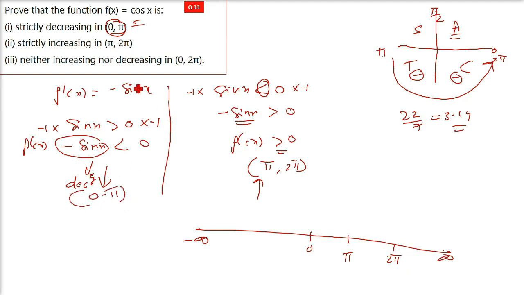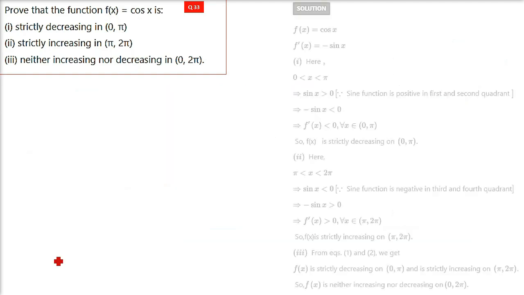So in 0 to pi, this function is decreasing, and between pi and 2 pi, as we have already explained, it is greater than 0, or increasing. So between 0 and 2 pi, in this combined interval, it is somewhere increasing, somewhere decreasing. So it is neither increasing nor decreasing.